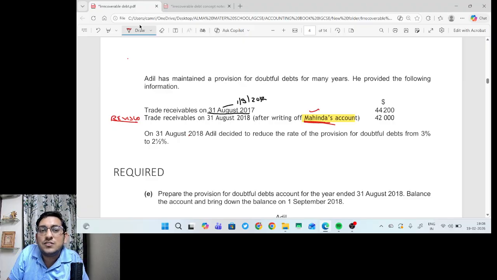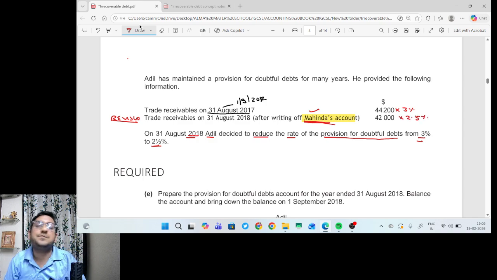On 31st August 2018, Adil decided to reduce the rate of provision for doubtful debt from 3% to 2.5%. So can I say on opening trade receivable, I will create allowances for 3%, and on closing trade receivable, I have to prepare on 2.5%. Required.